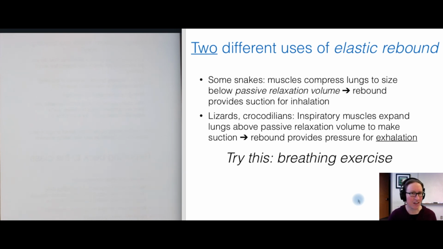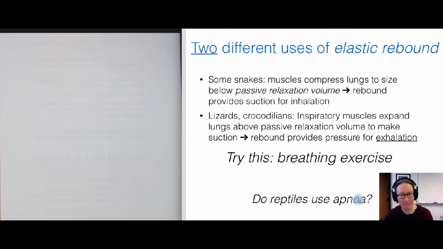Now, if you're going to breathe like a lizard or a crocodilian, what you want to do is take a deep breath and then relax, and again, you'll find yourself coming to that passive relaxation volume. So a lizard or crocodilian is doing something much more like that to breathe, okay?